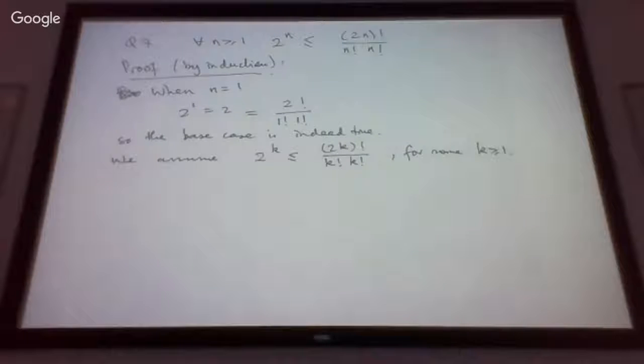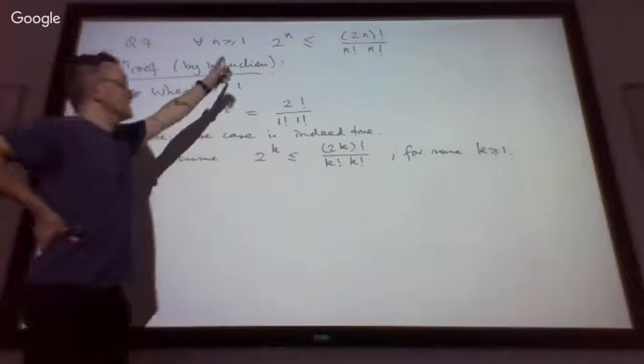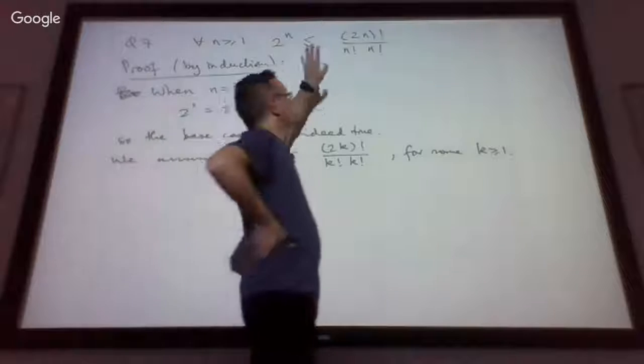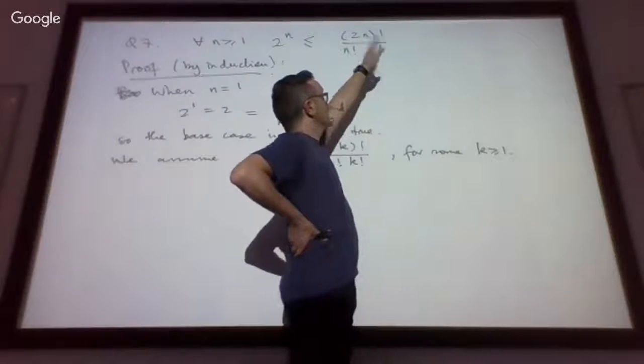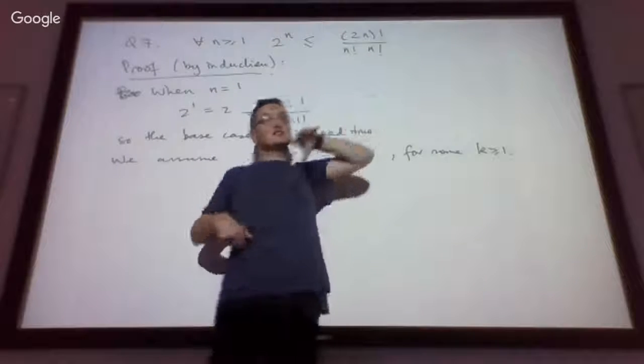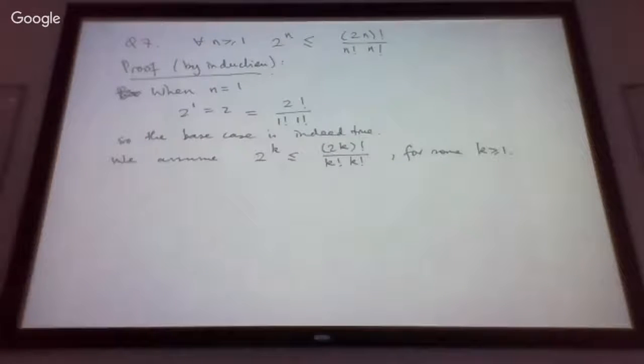And we now attempt to get to the next case. Whether you write it down on the page or just imagine it in your mind, the next case of the inequality says 2 to the power k plus 1 is no greater than the factorial of 2k plus 2 divided by the square of the factorial of k plus 1.